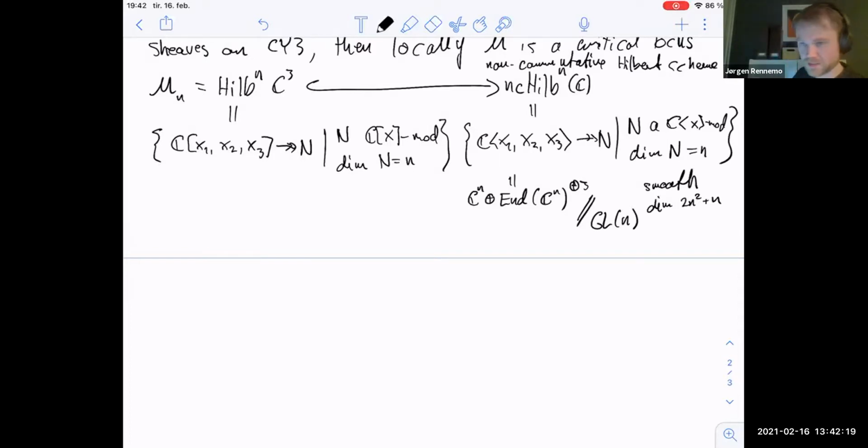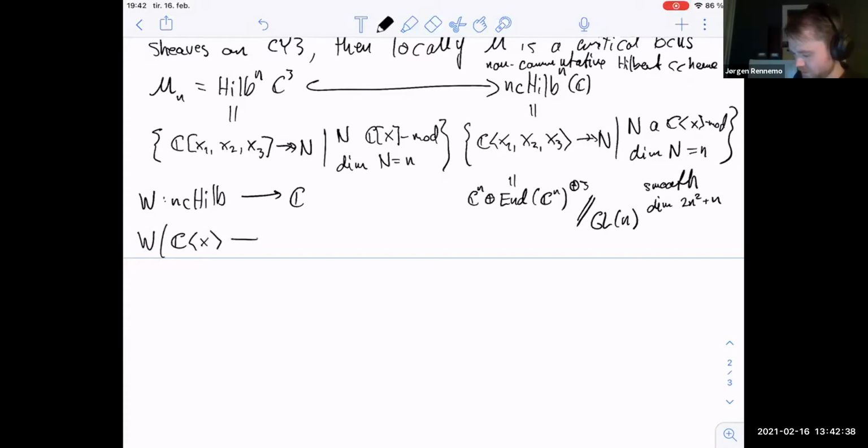Okay, so this is a nice smooth ambient space, and now we define the function W from NC Hilb to C. We can define it at a point. So a point is some surjection, and what do we define it to be?